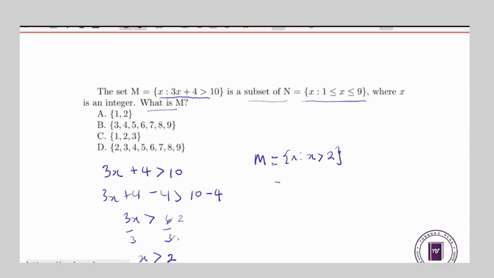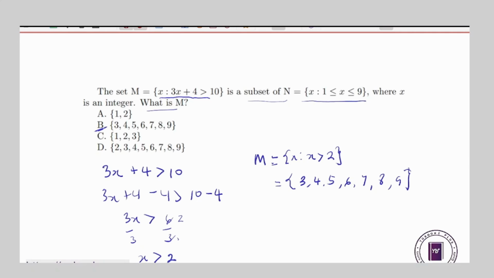So, with x being an integer and with M defined as x > 2, we can list the elements of M. Those elements will be 3, 4, 5, 6, 7, 8, and 9. So these are the elements of M, and from the answers, our answer will be B.